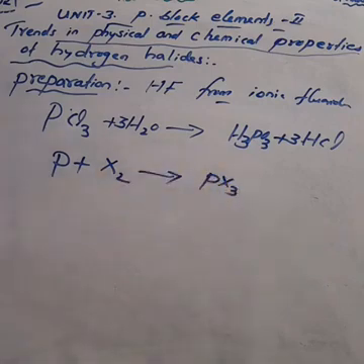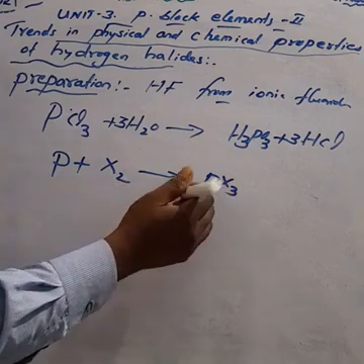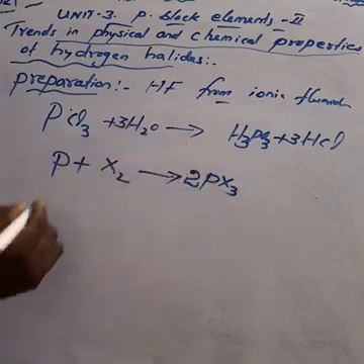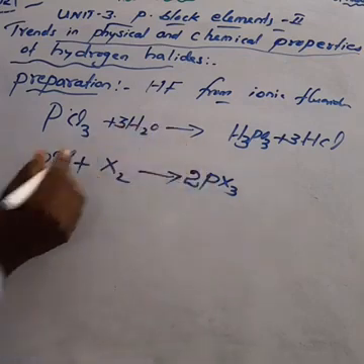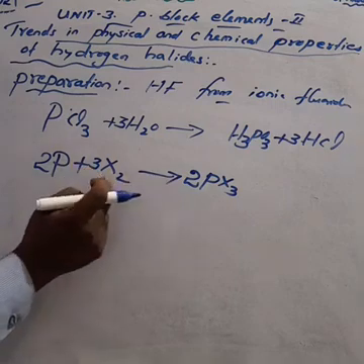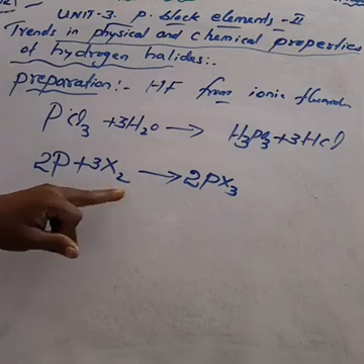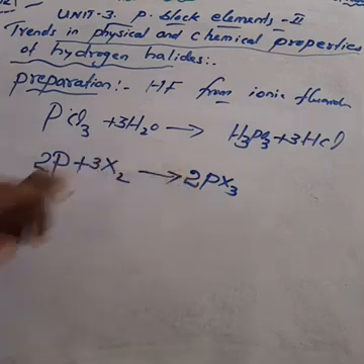We have to balance the equation. Reactant side X2, product side X3. So make the product side 2PX3. Then on the reactant side 2 phosphorus. Phosphorus is balanced. Next, for the halogens, we give 3X2. Now the equation is balanced.